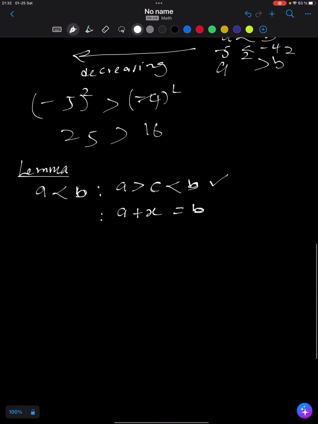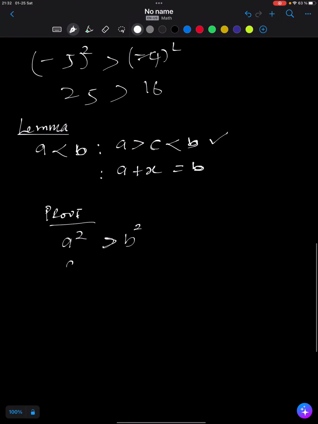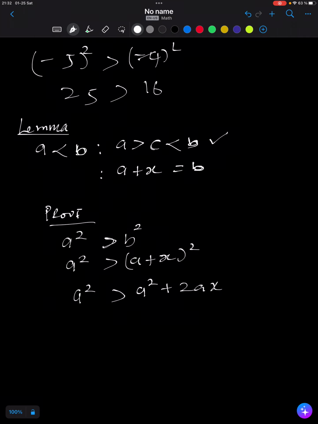So then, to do the actual proof, A squared is greater than B squared, and we have said that B is A plus X. So that's A plus X squared, and A squared is greater than A squared plus 2AX plus X squared.